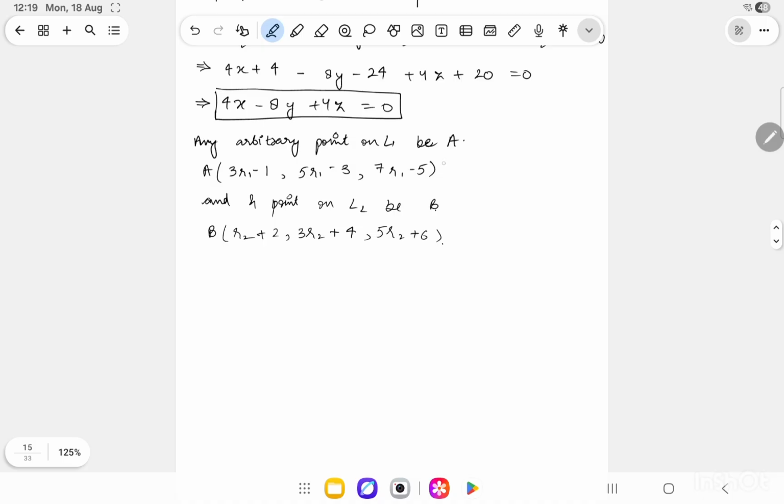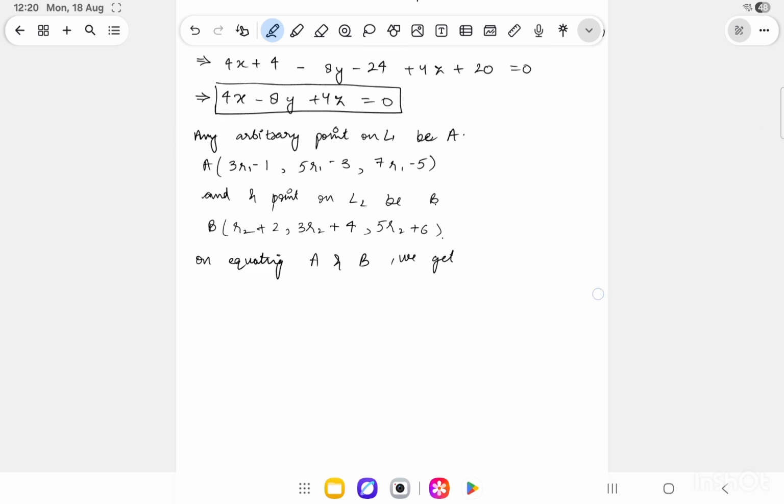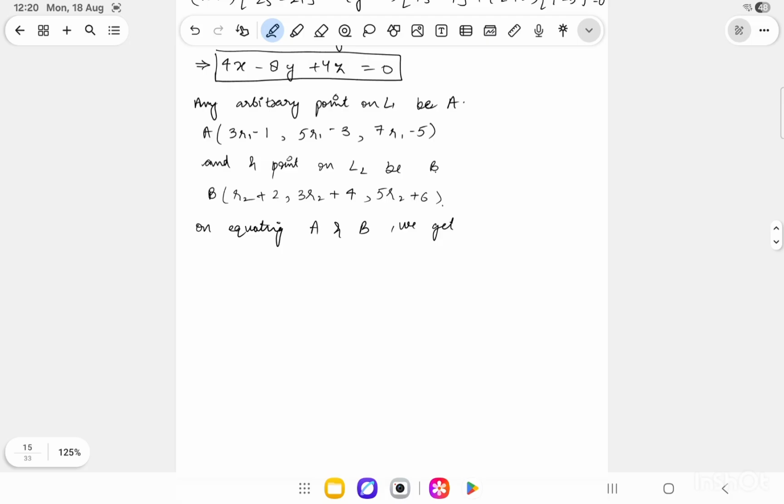So let us equate these two points A and B. From here we'll get three relations in R1 and R2, and we can find the values of R1 and R2 by solving those.